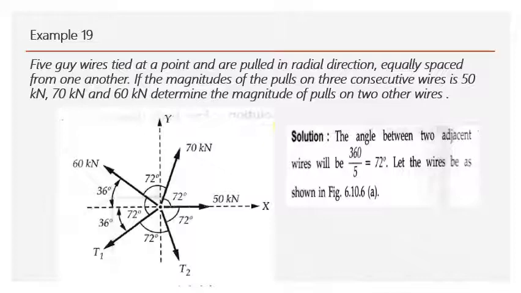For 3 wires, we know the magnitude of the forces, that is 50, 70 and 60. You can mark them for any 3 forces. The other 2 forces will be unknown. Let them be T1 and T2. So this diagram we have to draw. The diagram is not given.